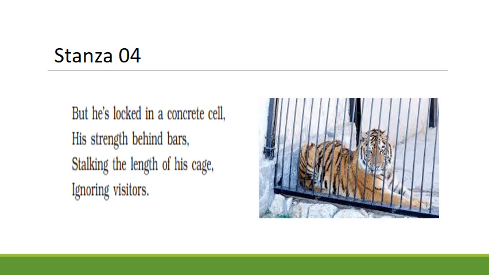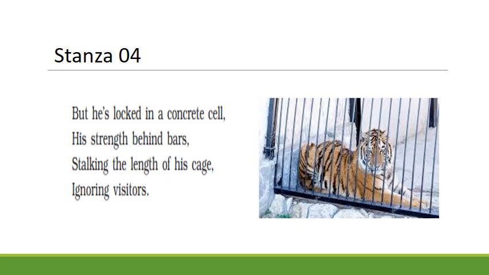Concrete cell means prison or the cage in the zoo. His strength behind bars. So whatever strength the tiger has, it can show only behind the bars or inside the cage. It cannot do anything outside.